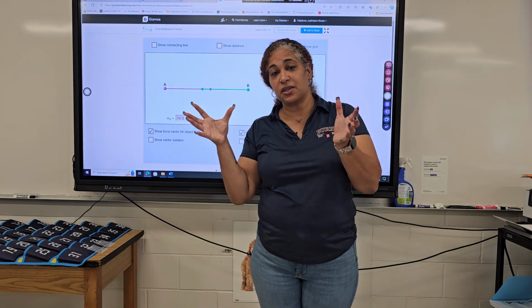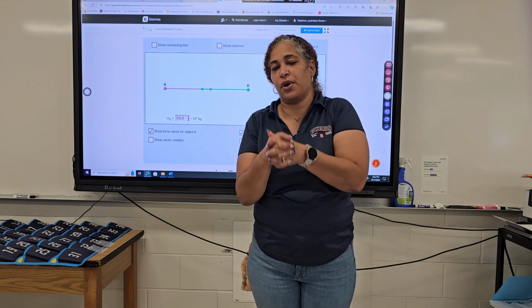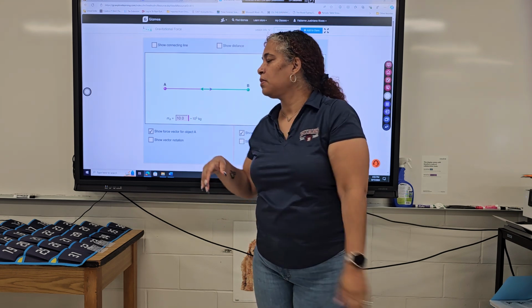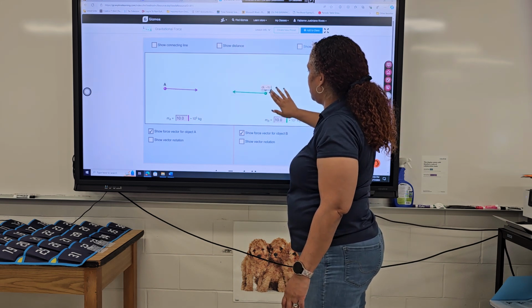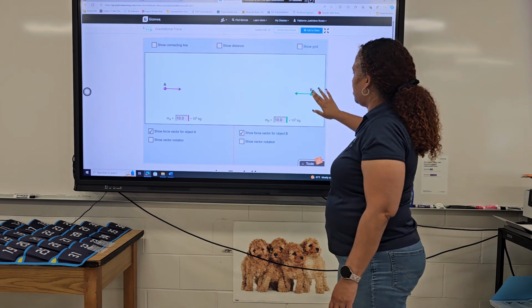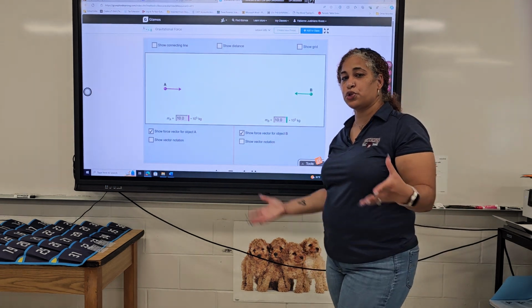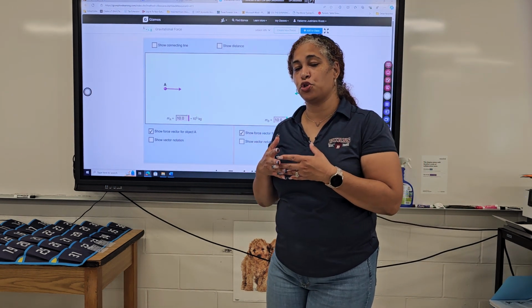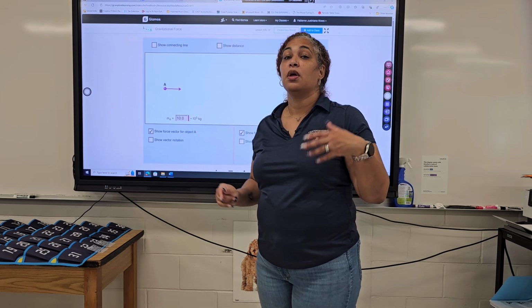Just like with the magnets, the gravitational pull, as you got closer, got greater and greater. As you get further and further away, the force gets less and less, okay? So the closer two objects are, the greater the gravitational pull. The further away they are, the smaller the gravitational pull.